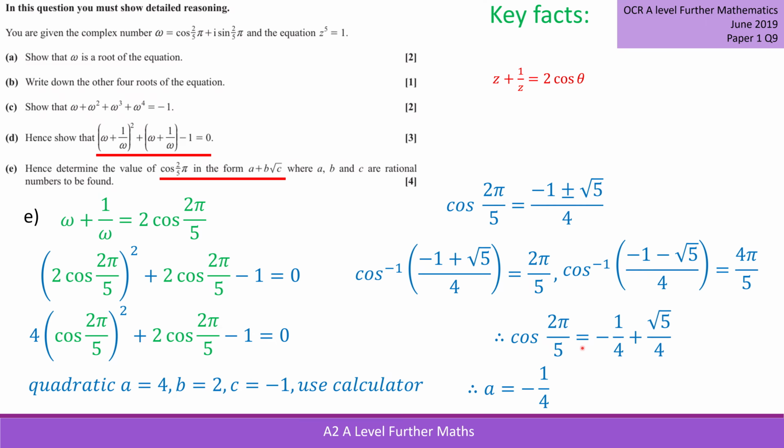B is the number here, so it's going to be the quarter. And C is the number under the root, which is going to be 5. So this is your solution. Give yourself a big tick if you got that correct. You've done really well. Some tricky stuff on there, so well done if you managed to get that correct. It was worth 4 marks in the exam.